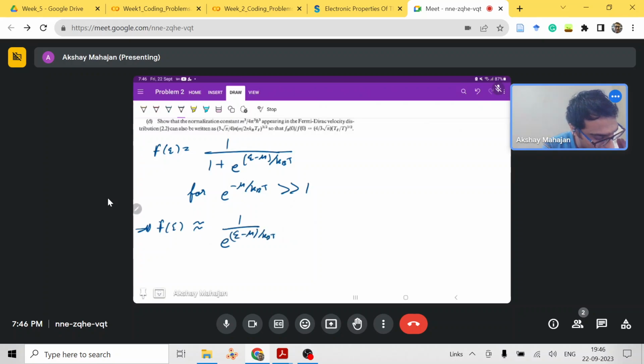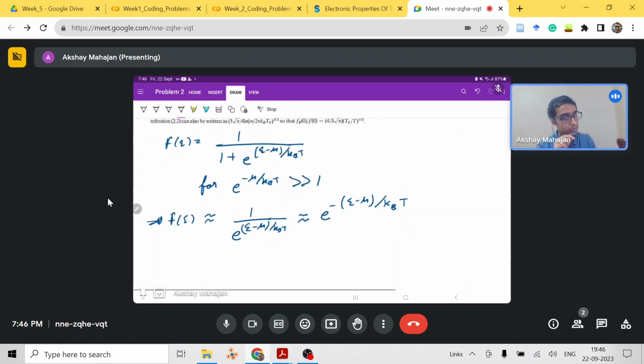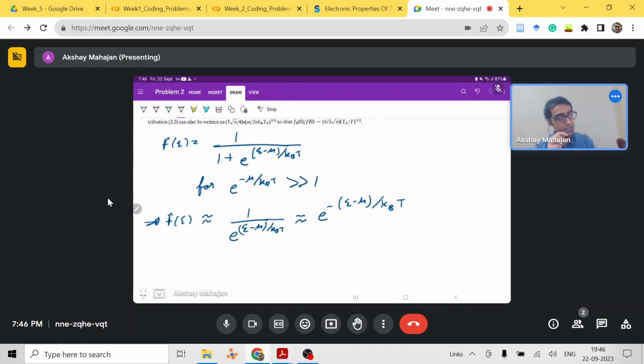We can ignore the plus 1 in the denominator, and this gives us e to the power minus epsilon minus mu by kBT. This is our Boltzmann distribution. So our Fermi-Dirac distribution becomes the Boltzmann distribution if this condition is satisfied.